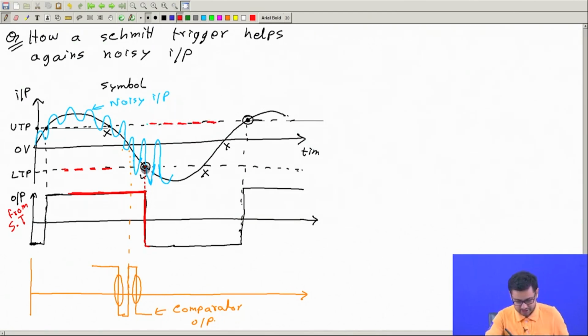So even if you see the input is actually crossing the lower trigger point several times, here going up above the lower trigger point, going down the lower trigger point, it's crossing the lower trigger point, but now the lower trigger point is not active. So we are not comparing with the lower trigger point, we are comparing with this level, right.